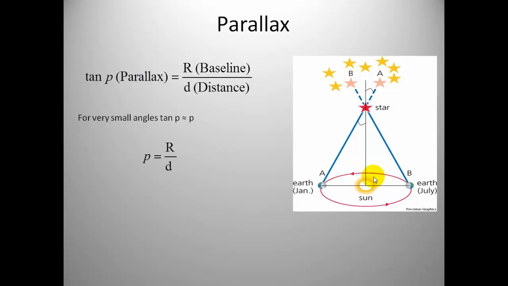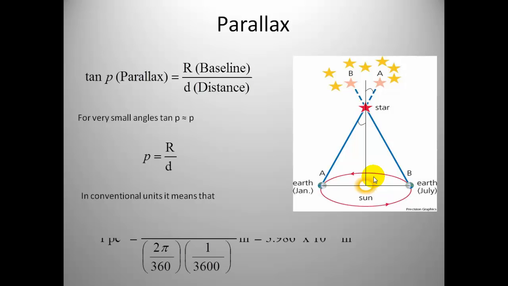In conventional units, meters and so on, 1 parsec is the radius of the Earth's orbit, which is 1.5 times 10 to the 11, divided by the angle in radians.